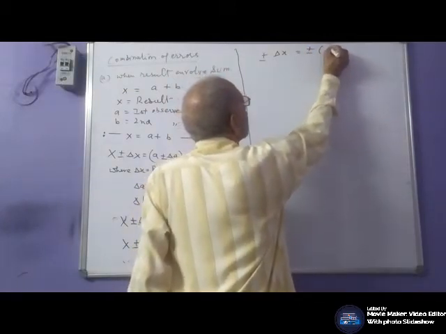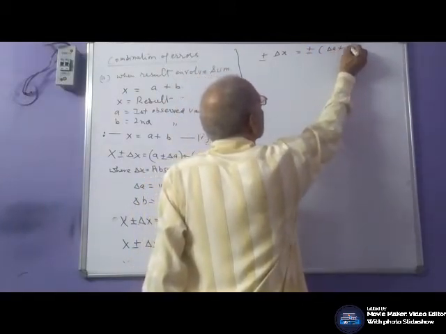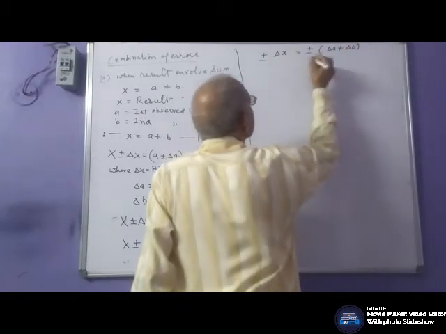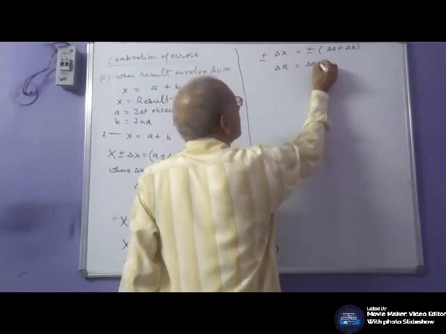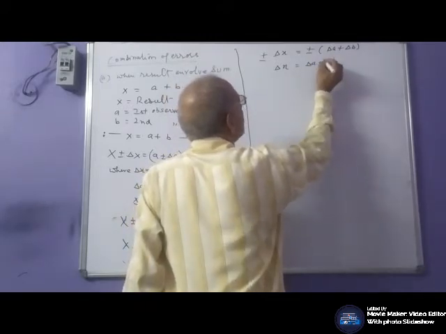Plus minus delta a delta b, or delta x is delta a plus delta b.